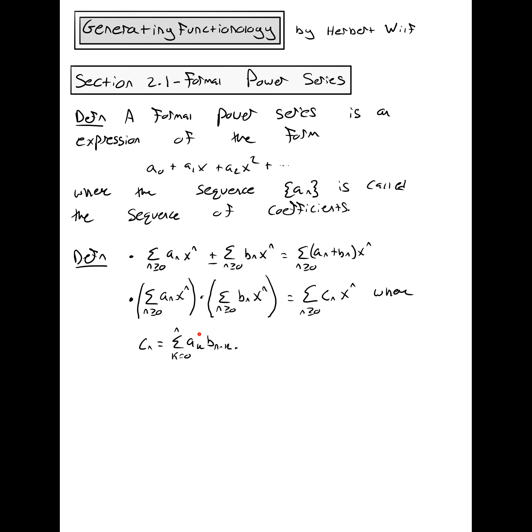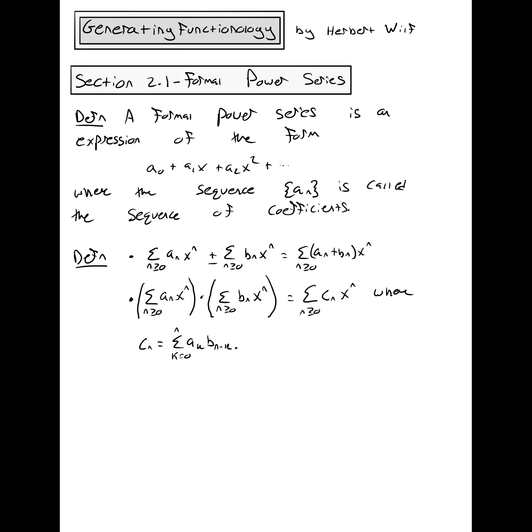So when I multiply the two, the corresponding x value would be x to the k times x to the n minus k, and you can just add the exponents to get x to the n. This is going to be the coefficient on an x to the n, and that's what we want. So this actually makes sense, and this is carried over from just multiplying polynomials.